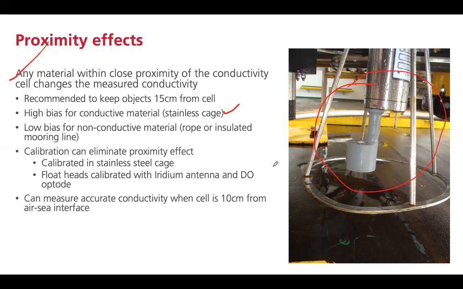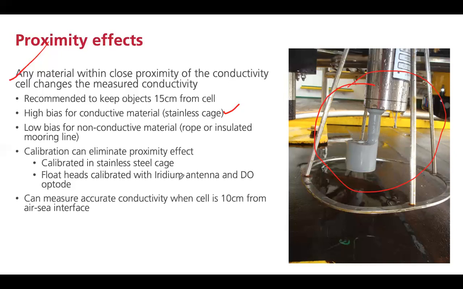But the one thing about this is that it doesn't mean we can't have objects near the field. If you wish to have a cage around your CTD, such as in this photo, or if you're building an Argo float and you need to have an iridium antenna or an optode near the cell, you just need to calibrate the conductivity with any kind of object that will be used in the deployment.